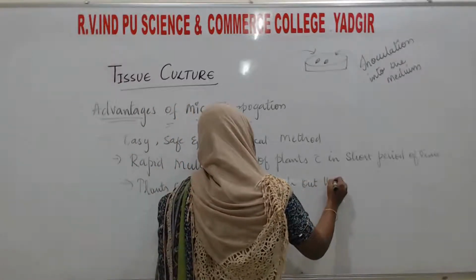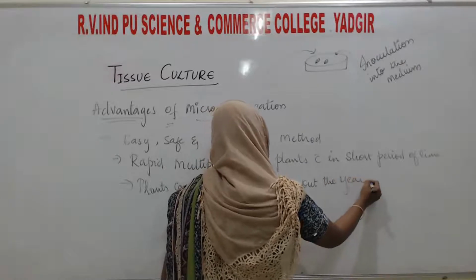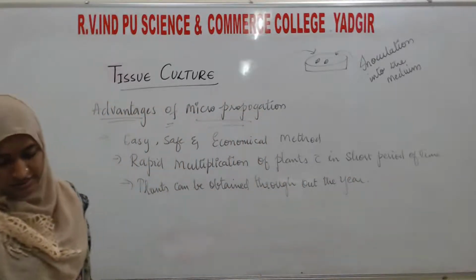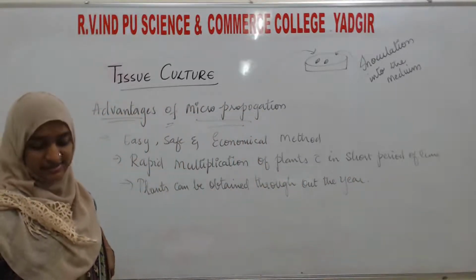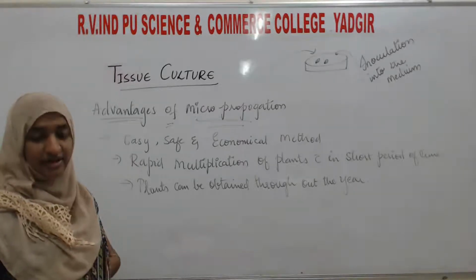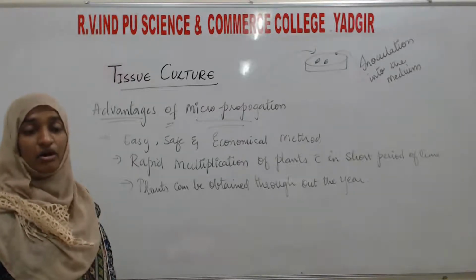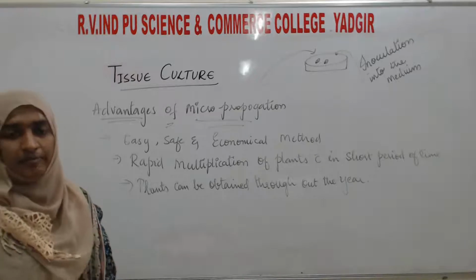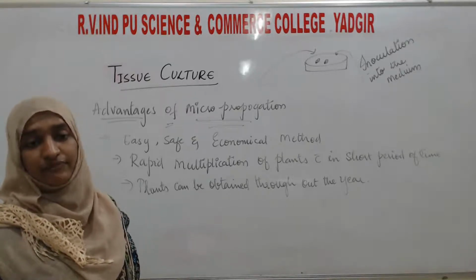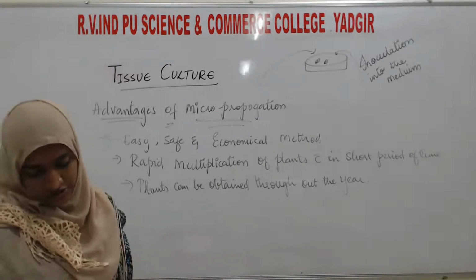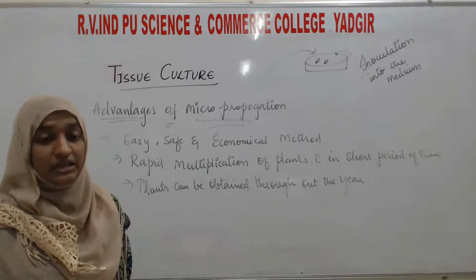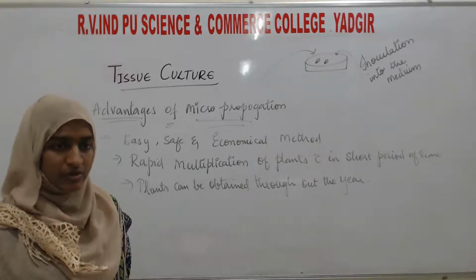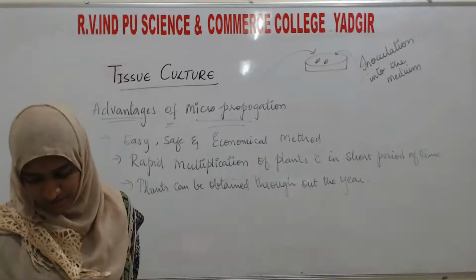This is one advantage. Next, sterile plants can also be multiplied, as well as ornamental plants, with growth of flowers in very large numbers. And rare and endangered plant species can also be grown using this tissue culture method.